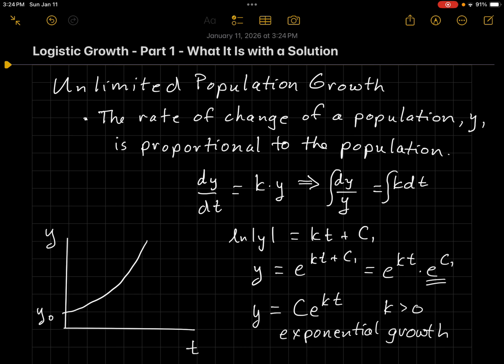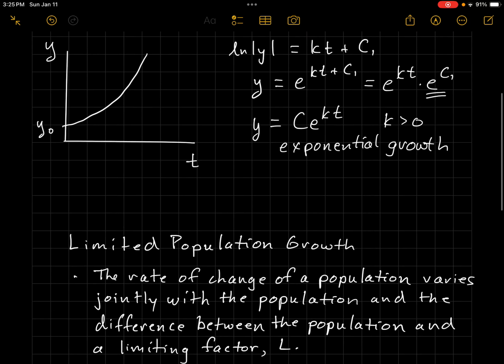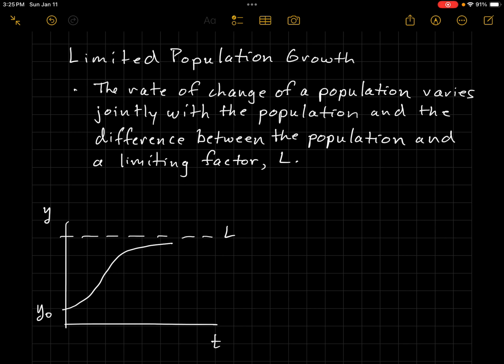This is a pretty typical model of population growth, but it assumes that population can grow forever, which is not necessarily the case. Instead, we think that population is limited perhaps by resources. For example, if you had grizzly bears in a nature preserve, that preserve could only sustain a certain number, which we call a limiting factor L, of grizzly bears.